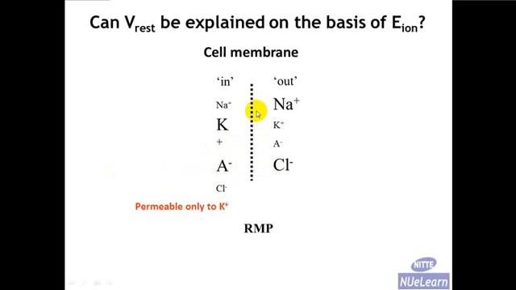Now, imagine a scenario where this membrane is permeable only to potassium. It is not permeable to sodium or to chloride or any other ions. In this situation, there would be a diffusion of potassium from the ICF to the ECF, from inside to outside, because there is a concentration gradient from inside to outside.